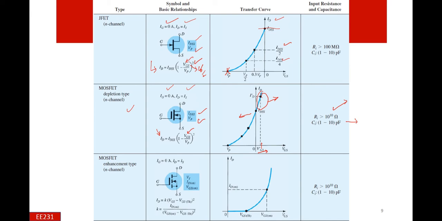And next is the enhancement type channel, and this channel has the same operating conditions, that we can see that IG is 0, and this is operating due to the current being 0 because there is an insulating layer between the depletion and the enhancement channel and the gate terminal, which is a conductor.